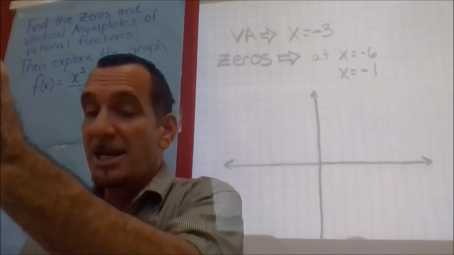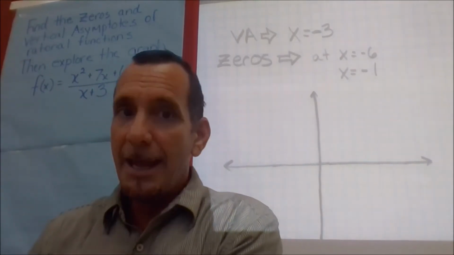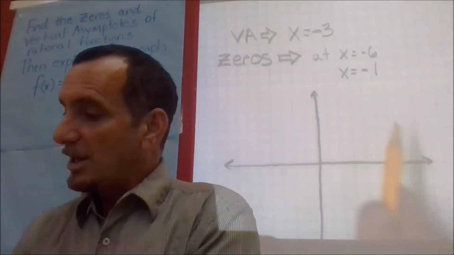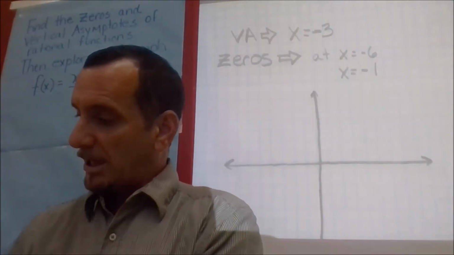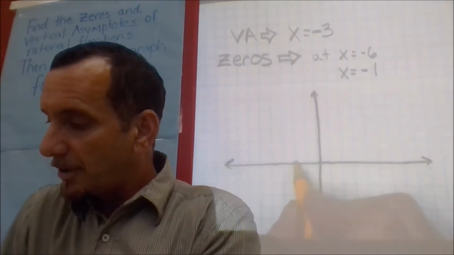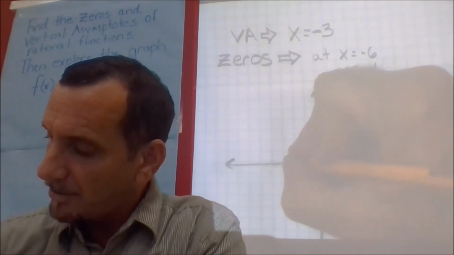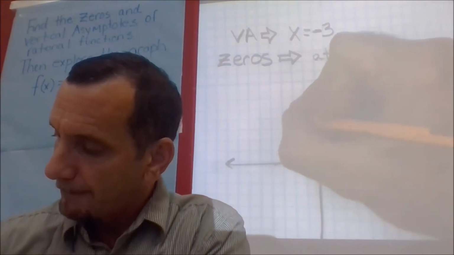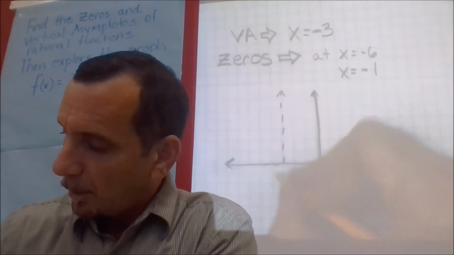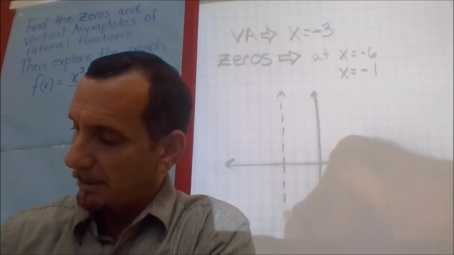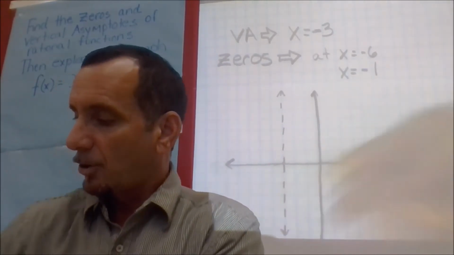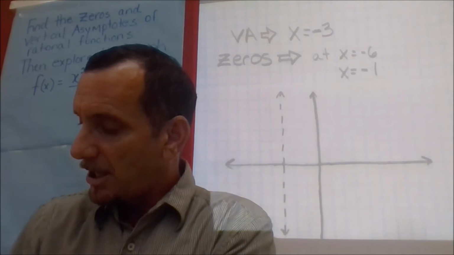I'm going to put the major points. And we've got x equals -3. So we're just going to come over here to x equals -3, and I'm going to draw a dashed vertical asymptote, VA.